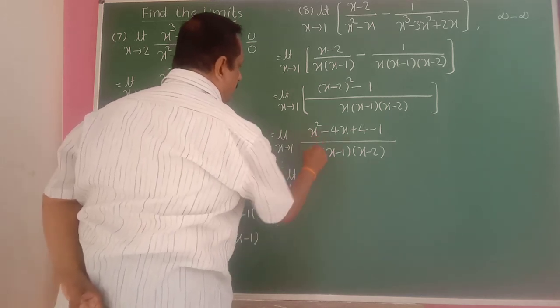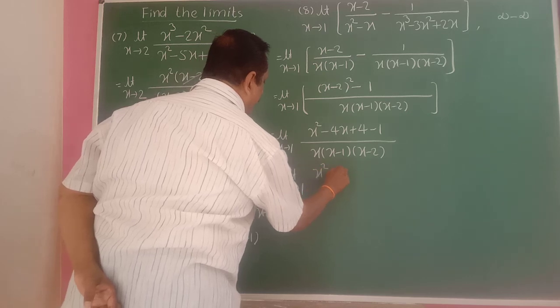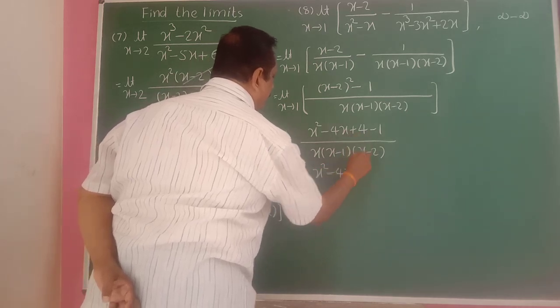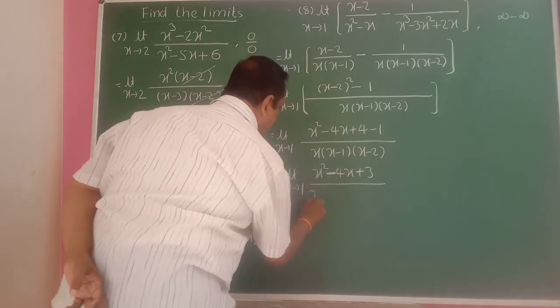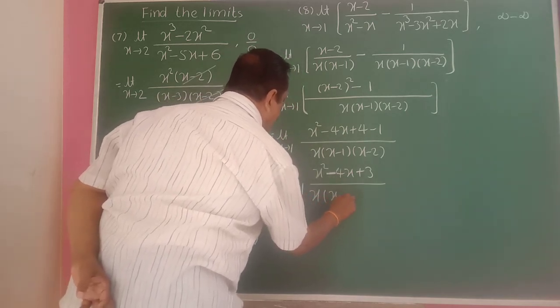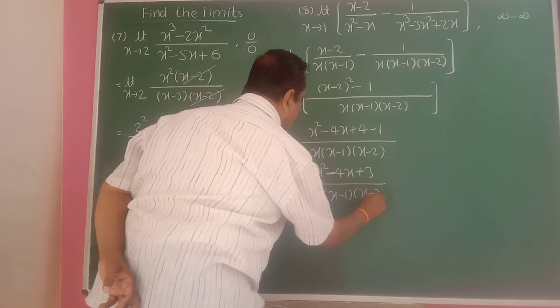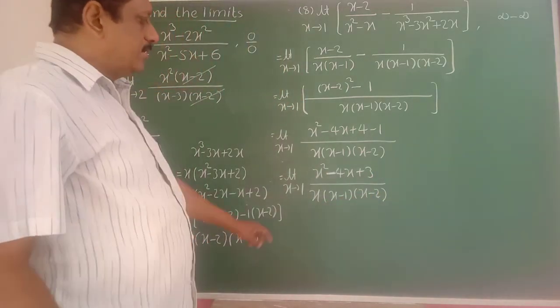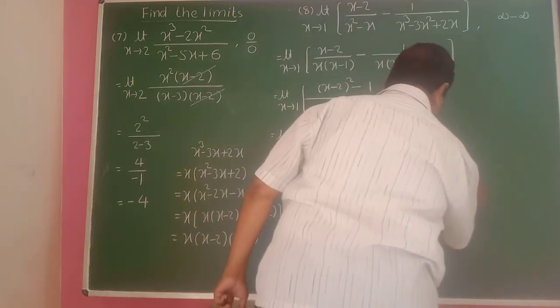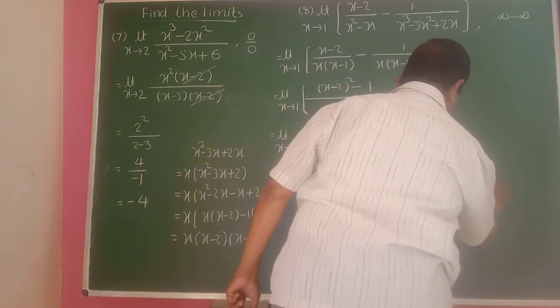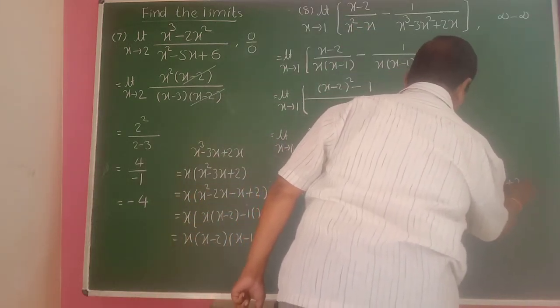Then x square minus 4x, 4 minus 1 becomes 3, divided by x into x minus 1 into x minus 2. Then again it is a quadratic factor, so x square minus 4x plus 3.